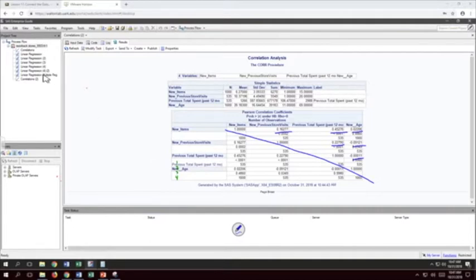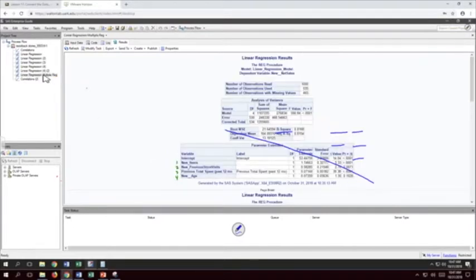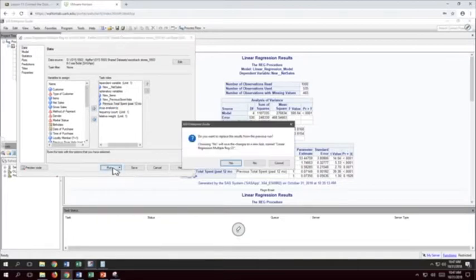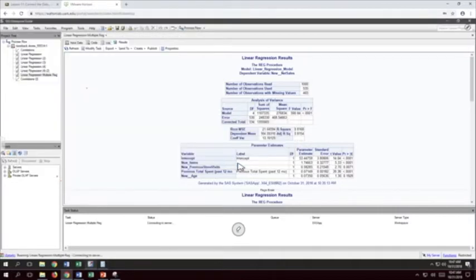All right, so let's go back to our multiple regression procedure. So now we're not going to have to worry about multicollinearity. I'm going to modify my task, and I'm going to take out age, and run it again. This time I am going to replace my results.